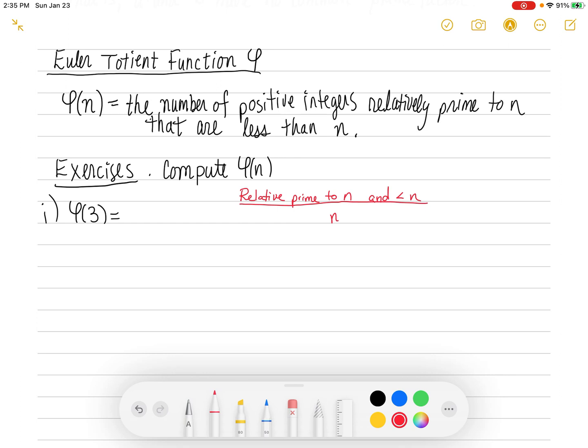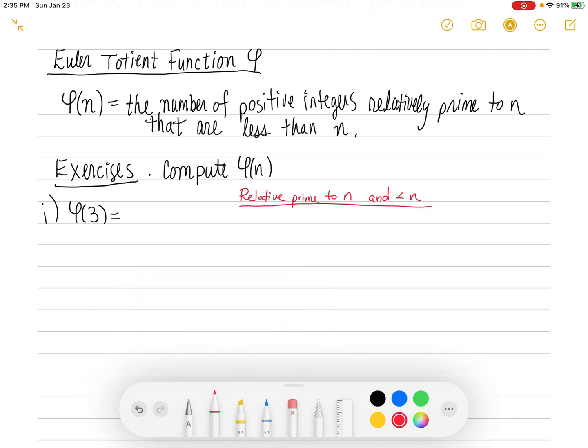So in this case, we're talking about n equals 3, and we want them to be less than 3. Relatively prime to 3 and less than 3.